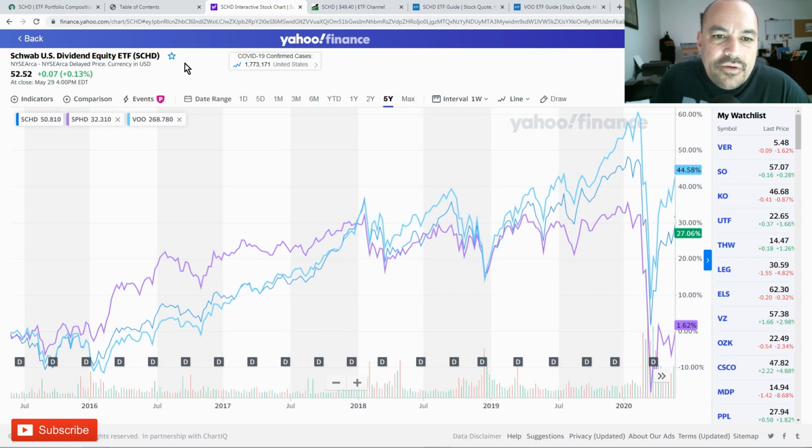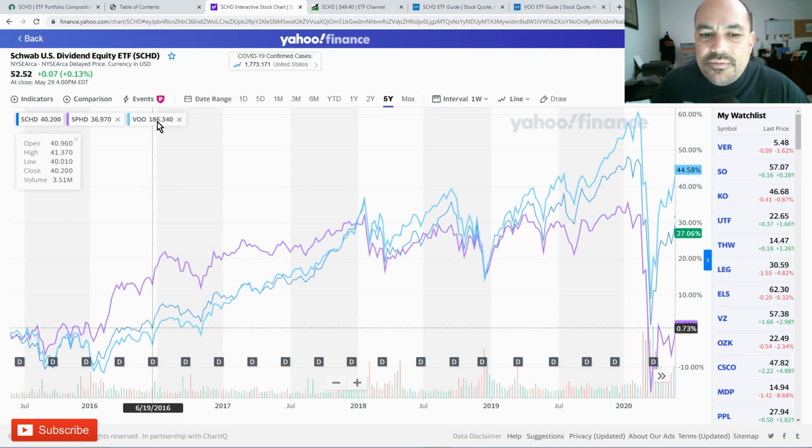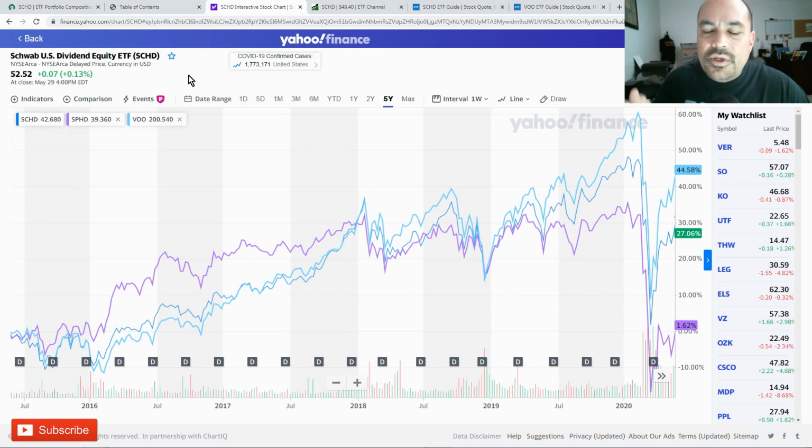And another thing I wanted to point out real quick, when I'm comparing things to S&P 500, I always like to compare it to an ETF. Some people do it otherwise, because anytime you have an ETF that tracks an index, the actual index will outperform the ETF every single time.